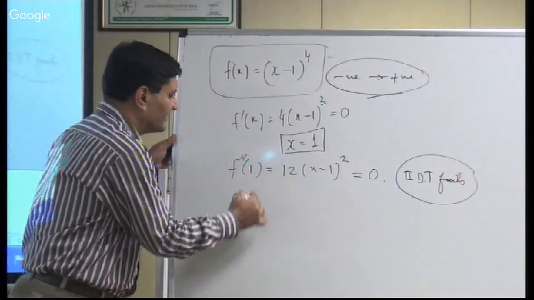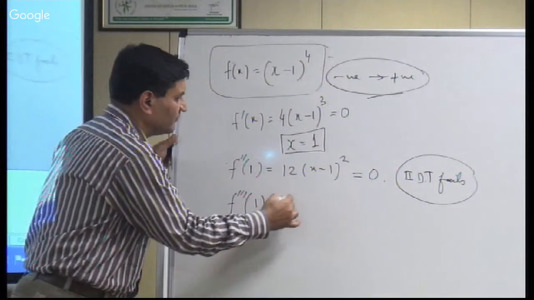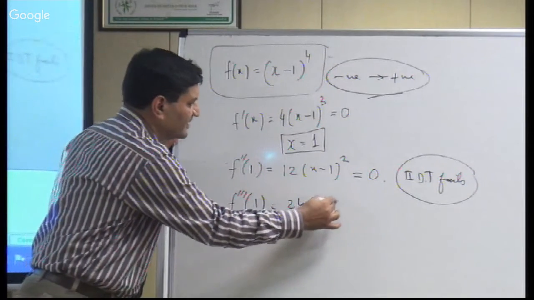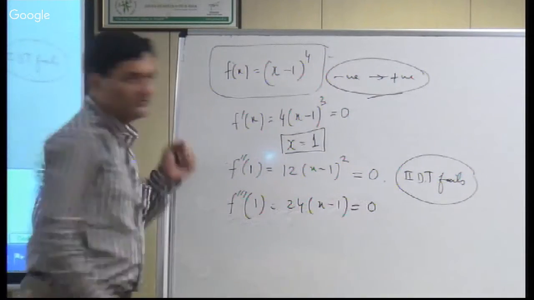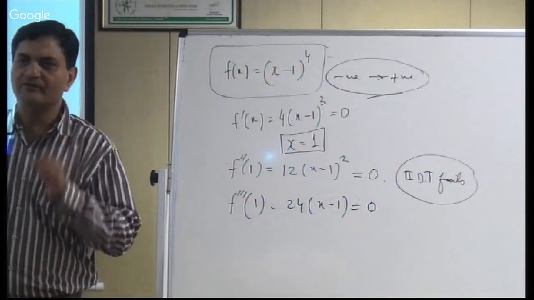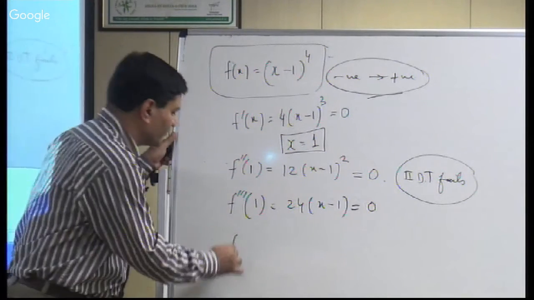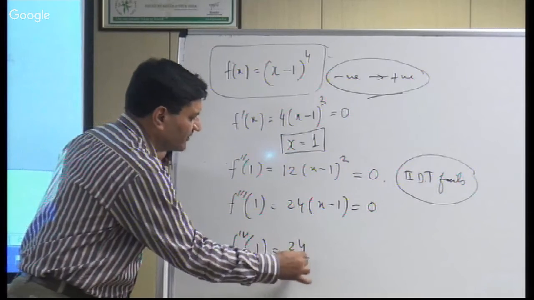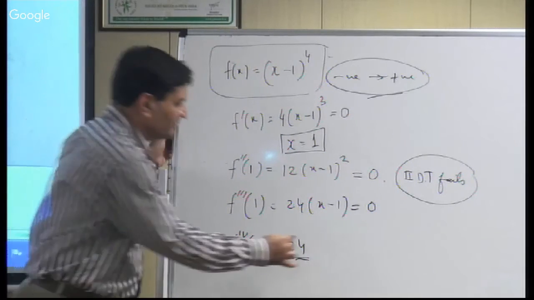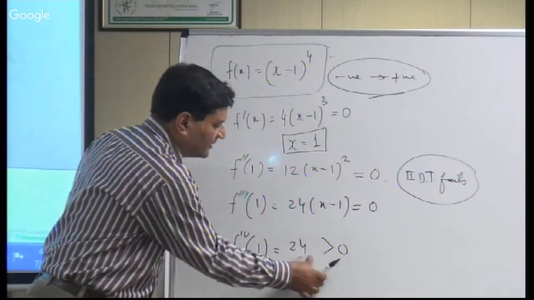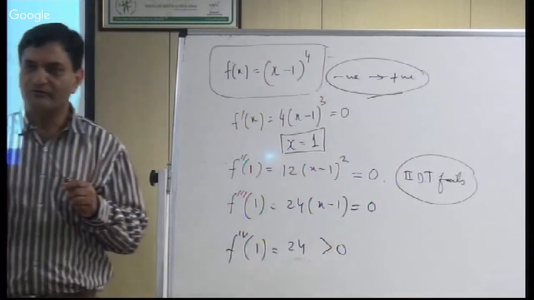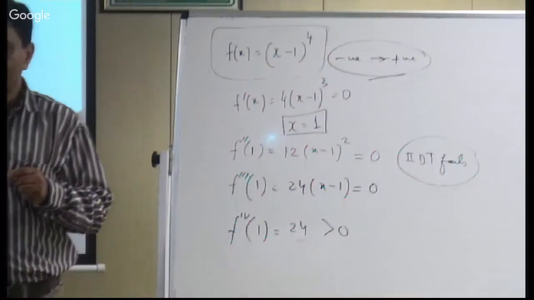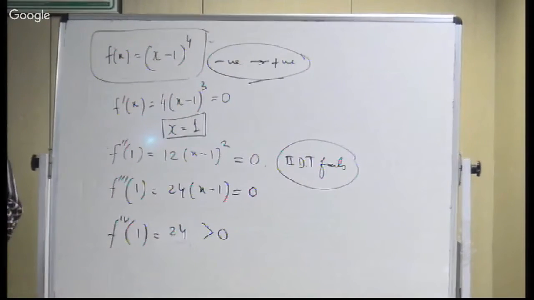The third derivative, 24 into (x minus 1), will also come out to be 0. You find the fourth derivative. At x equal to 1 it will be equal to 24, which is positive. Just remember this, if the fourth derivative is positive, it will be a point of local minima.